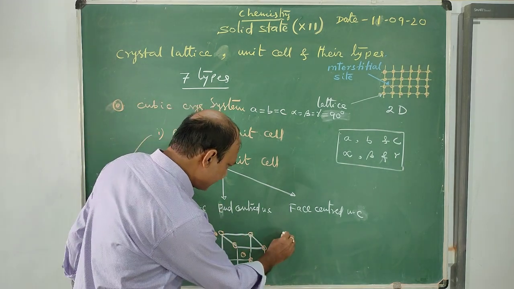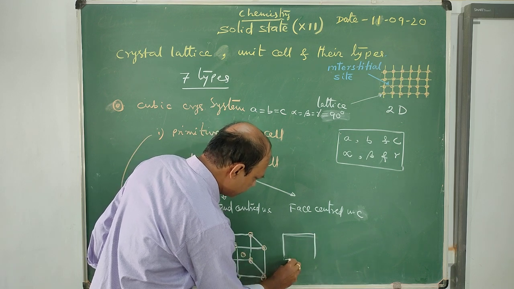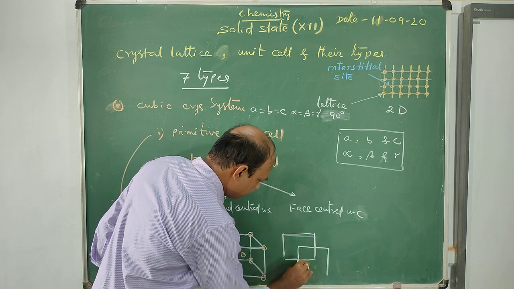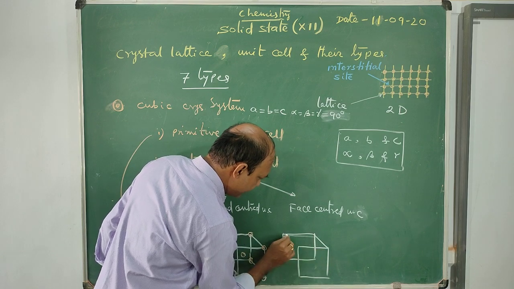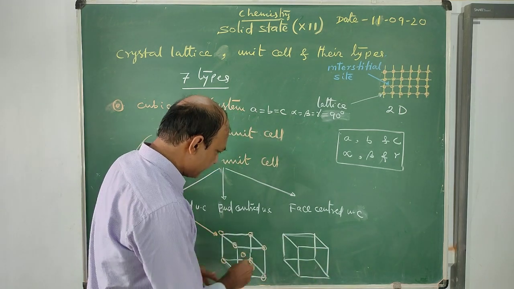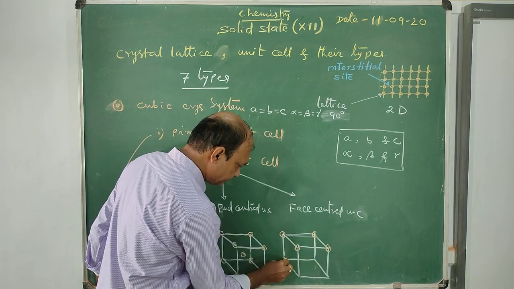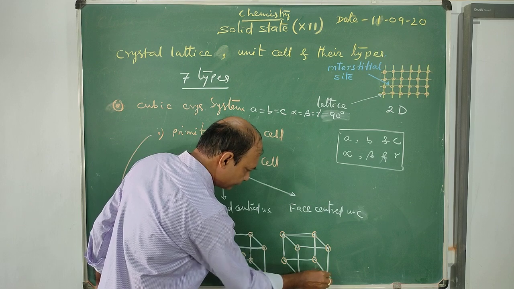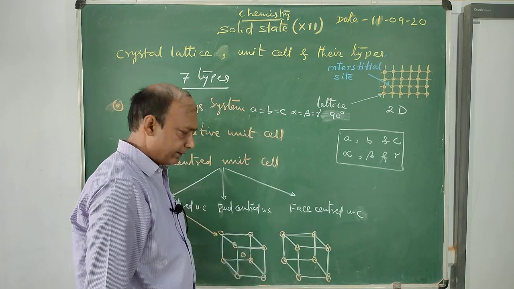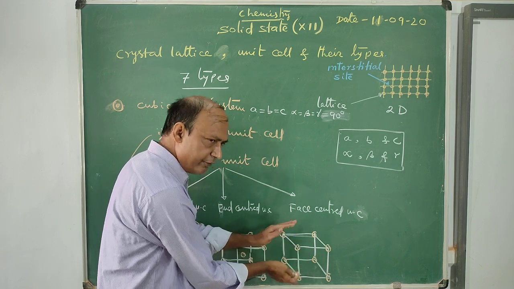Again you draw a diagram of a cube. Then give the position of the particles at the corner first. And then in end centered, take a pair of opposite faces.